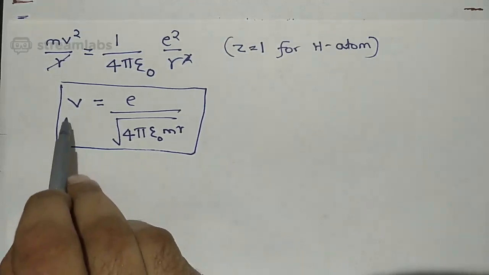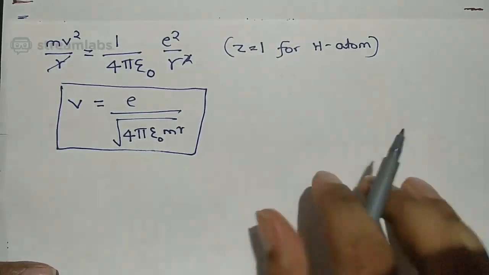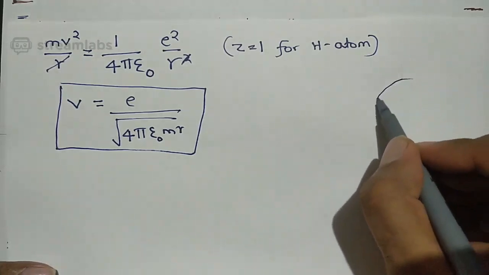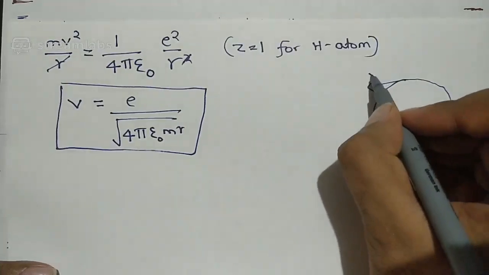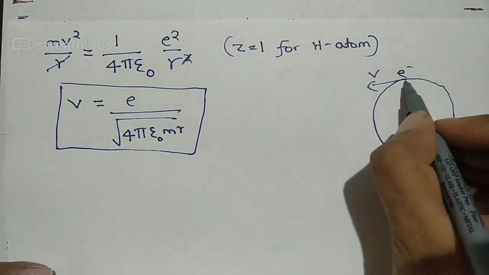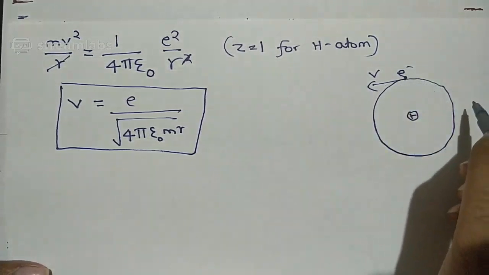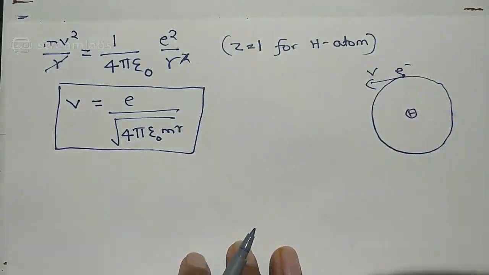So now you know the velocity and you know the radius also. Now this is the path of the electron and this is the nucleus. Imagine an electron starts from this point, goes once round the circle and again comes back to that point. What do you call the total time taken by the electron?